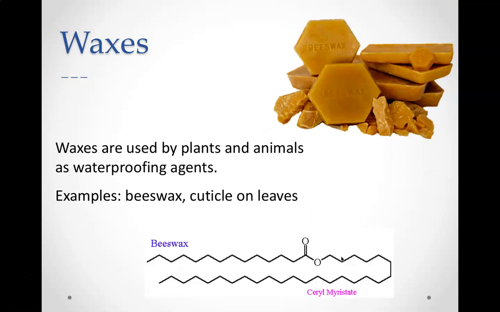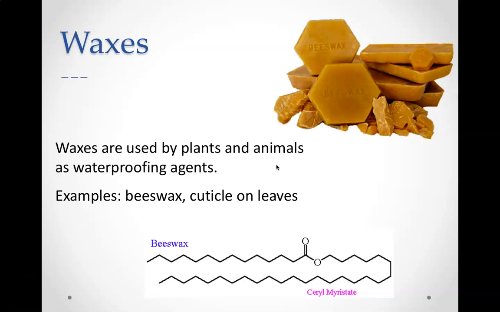And then last but not least, we have waxes. These can be used by plants and animals as waterproofing agents because they're hydrophobic. Water doesn't stick to them, so they can be really useful for different animals and plants to help create that waterproof effect.